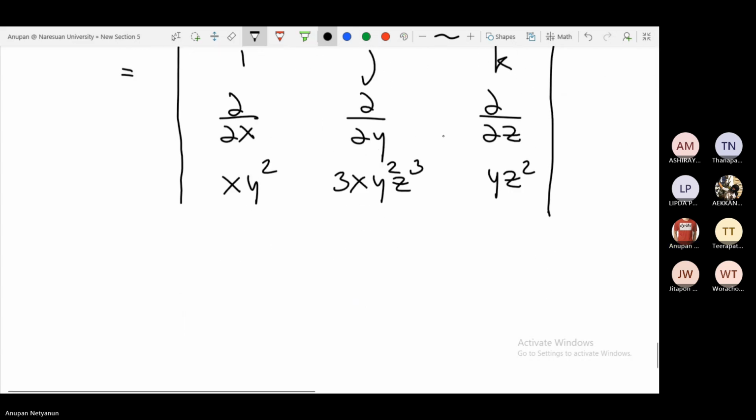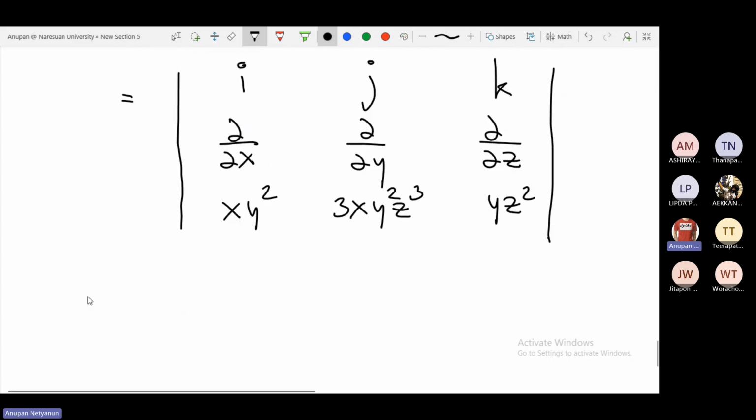Now, let's do the same trick. Because you know the outcome has to be a vector, you can list I, J, K. And you have to work on the sign, right? Alternate the sign starting from plus, minus, plus.